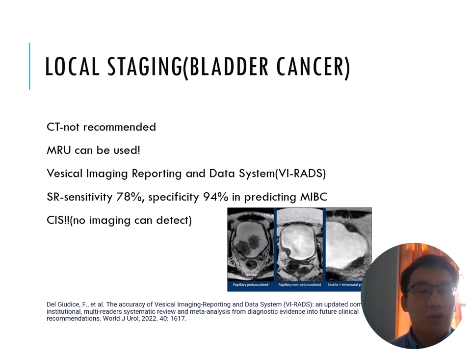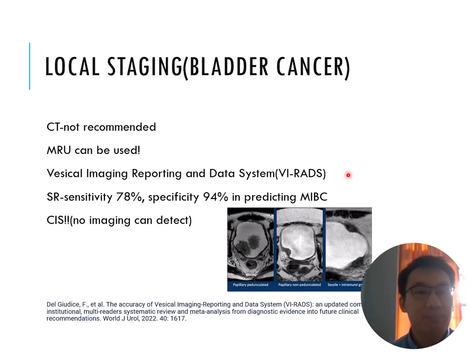So after you have confirmed the patient has bladder cancer, or even beforehand, how do you locally stage the bladder cancer? CT is definitely not recommended. However, MRI can be used, and we can locally stage the bladder cancer using the VI-RADS scoring, Vesical Imaging-Reporting and Data System.